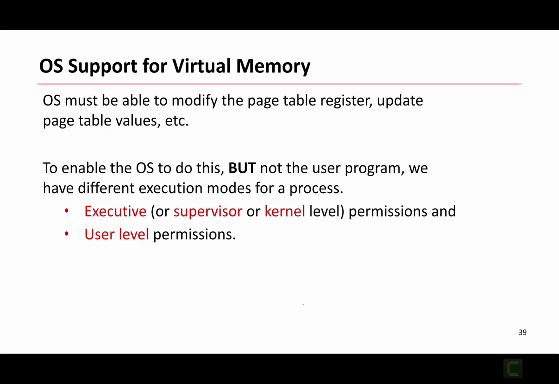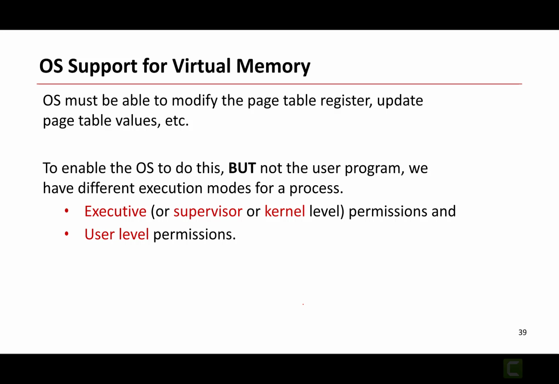Each process has its own page table, and the page table allows you to do the address translation. Now, if user level processes like you and I, who write a program and run it on a computer, can change the page table, then we would be able to go and access any other program's data, and that violates isolation. So all the changes to these structures can be made only by the operating system.